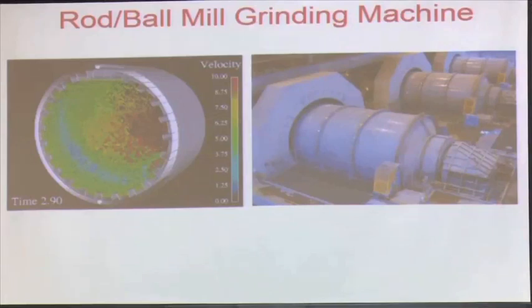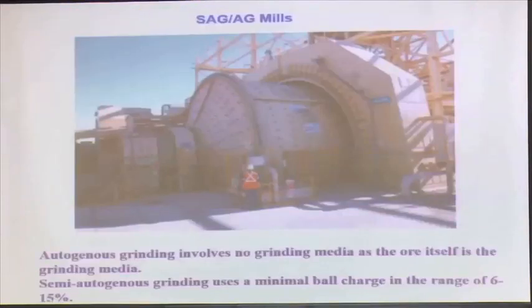These are huge machines. The capacity could be 12,000 tons per hour. So, that is the scale of operation we are talking about. Look at the gentleman standing, and look at the height of this mill. There are now various developments. We call it semi-autogenous grinding, where we try to reduce the load of steel balls.